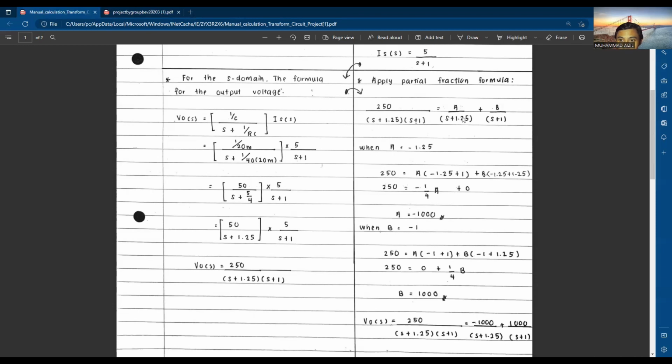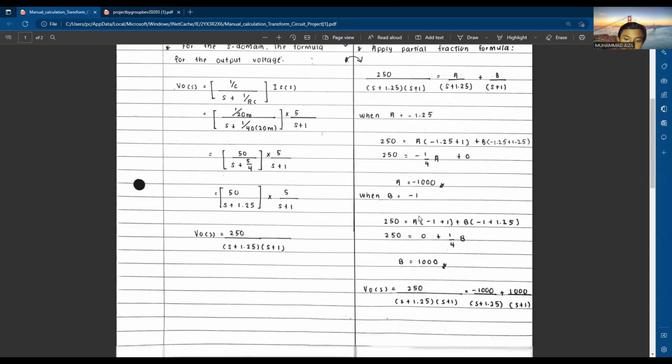We multiply A with S plus 1 and B with S plus 1.25. So A multiplied by negative 1.25 plus 1, and here the value of B is 0 because negative 1.25 plus 1.25 is equal to 0. Then the value of A equals 250 multiplied by 4 and divided by negative 1, we get negative 1000.